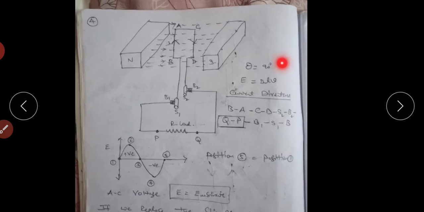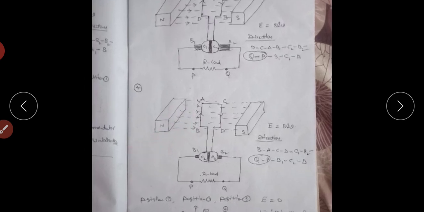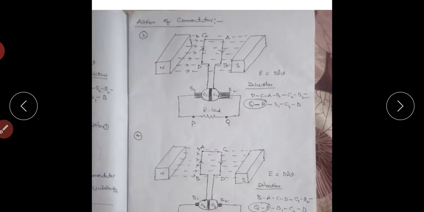In position 4, the current flows from Q to P in external load. So the current direction reverses, and the generated EMF is AC supply, also called bidirectional voltage. But by replacing slip rings by commutator, we get DC voltage or unidirectional voltage.